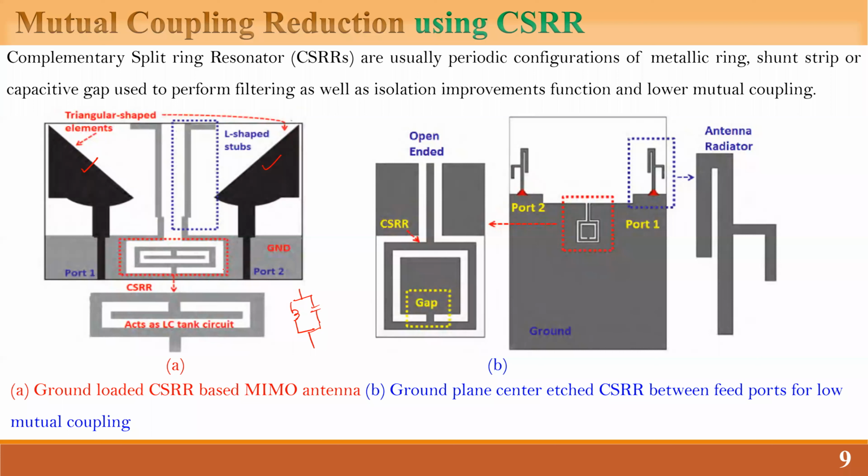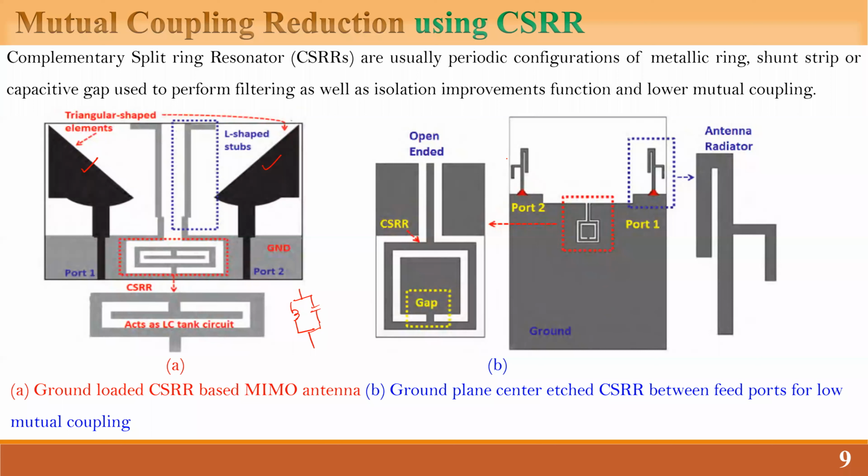Now, one other way you can see is this structure, where you have a CSRR ring at the ground plane. That will also improve the mutual coupling. This is a very good example for that. You can see they put only one CSRR ring between two antennas.